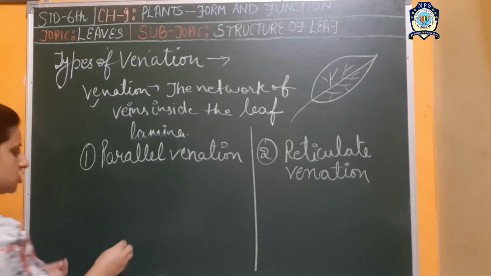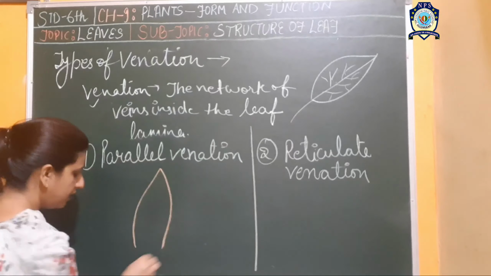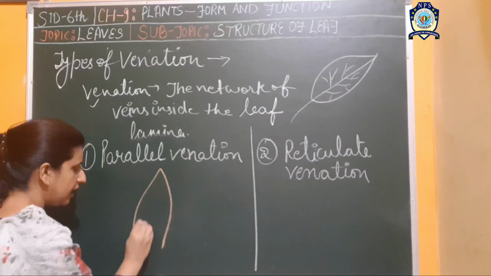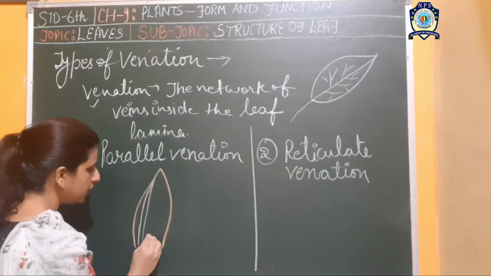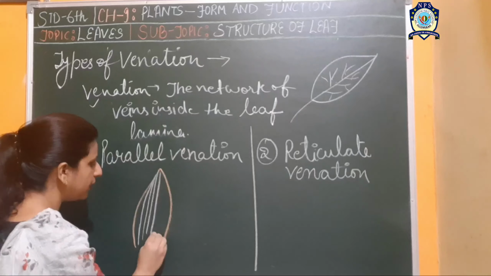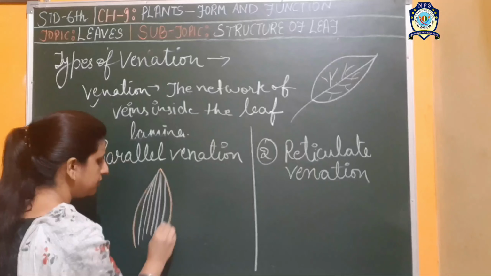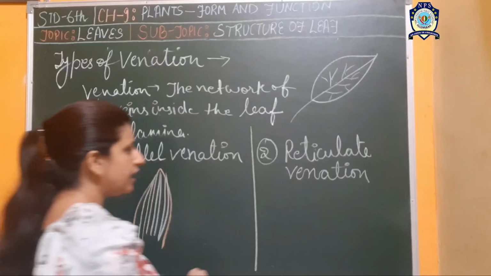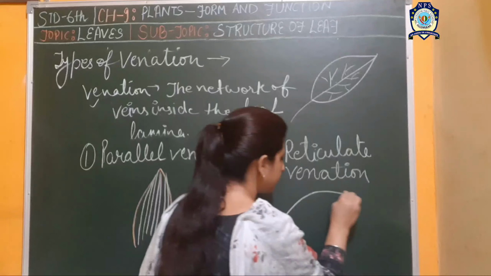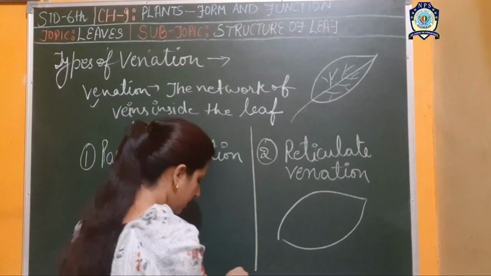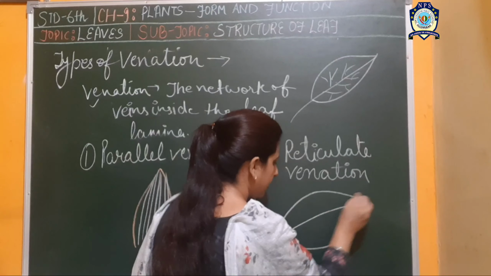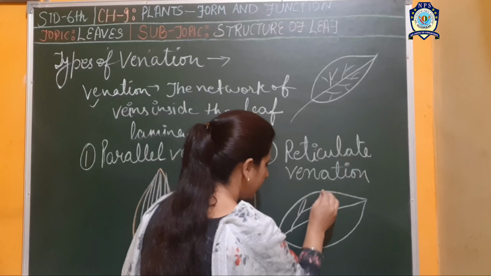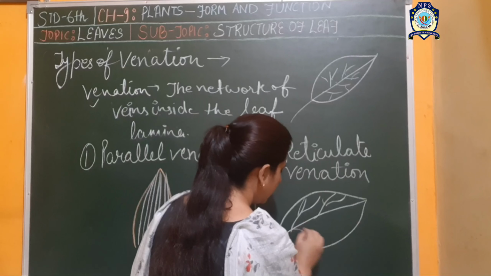In parallel venation, if this is the leaf lamina, the veins are parallel to each other. They are not forming a net-like structure. But in reticulate venation, the veins are arranged in a net-like structure.